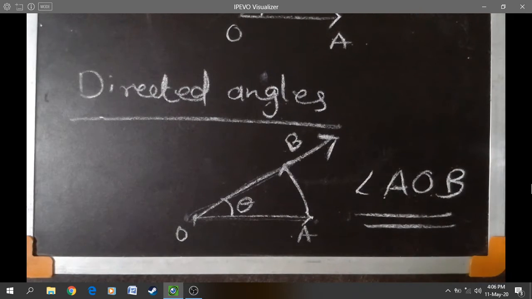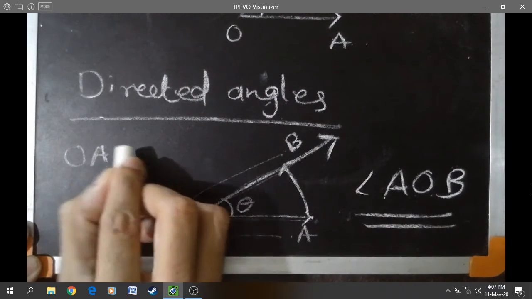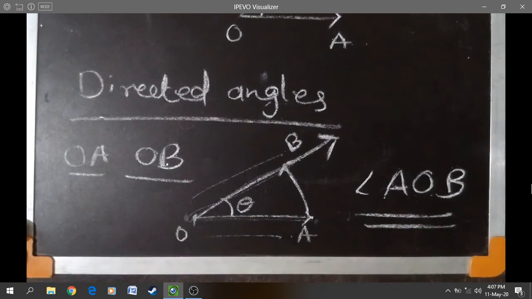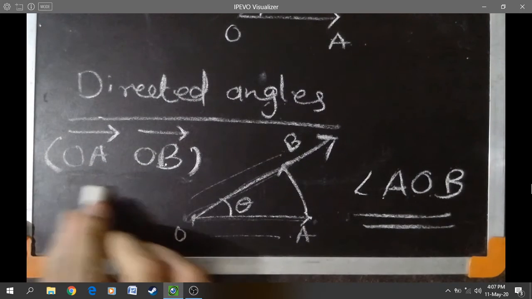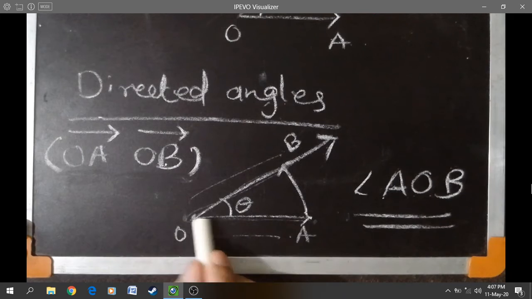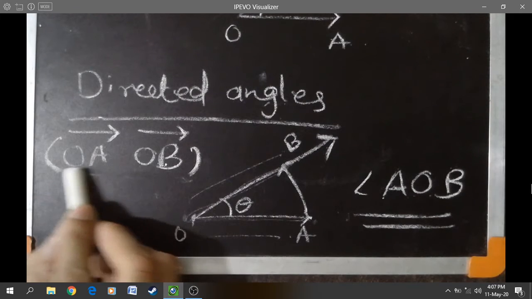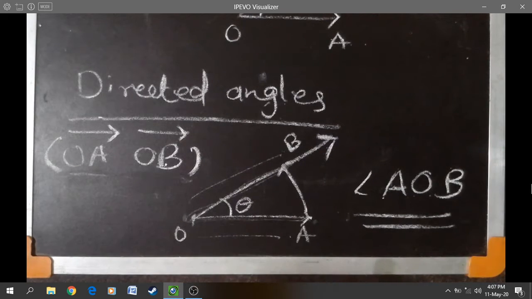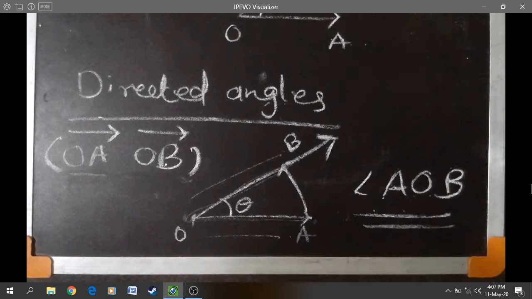The ordered pair of rays OA and OB, together with the rotation of ray OA to the position of the ray OB, is called a directed angle AOB.